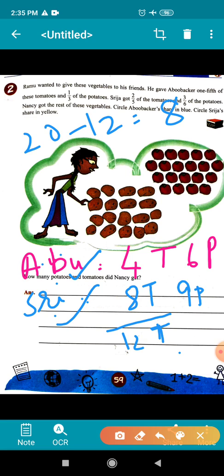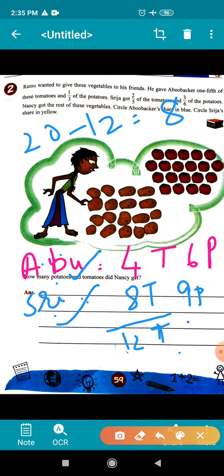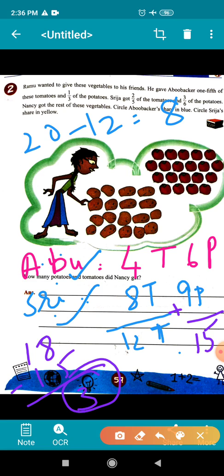So for that, what you will do? You will first add the number of potatoes, that is 9 plus 6, 15. Now the total number of potatoes were 18. 18 minus 15, 3. It means Nancy gets 3 potatoes and 8 tomatoes.